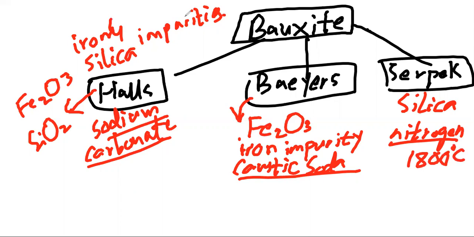The silica impurity is removed, and the bauxite mixed with nitrogen at 1800 degrees centigrade forms aluminium nitride.